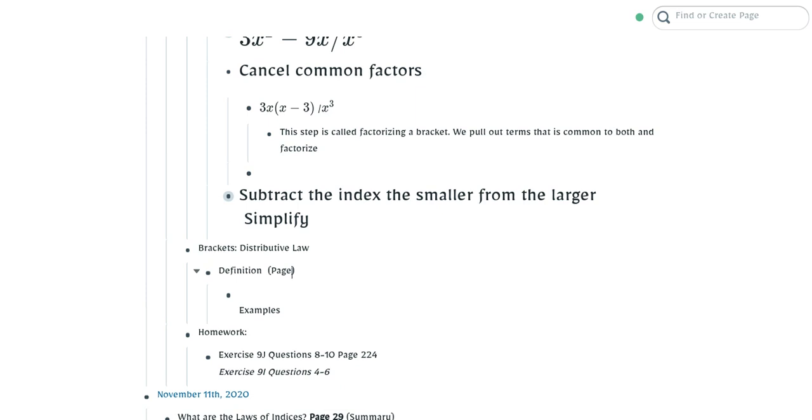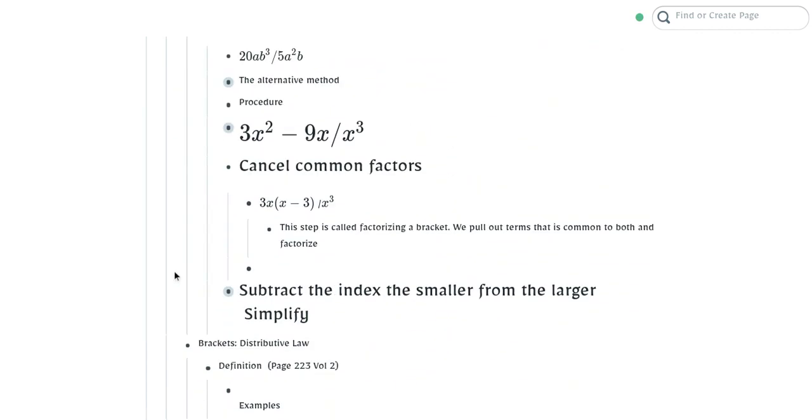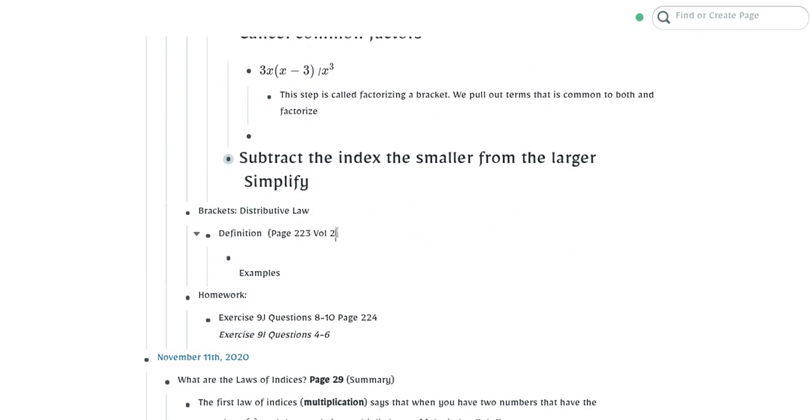Everyone there? 222, 223, right there. Page 223. Let me put it right here. Page 223, book 2.